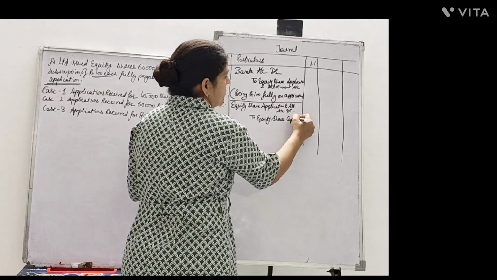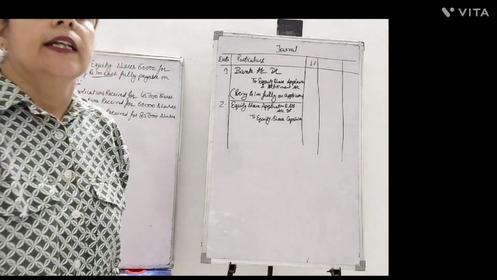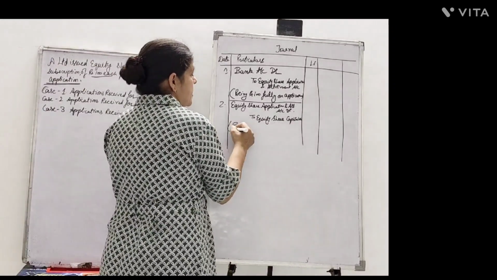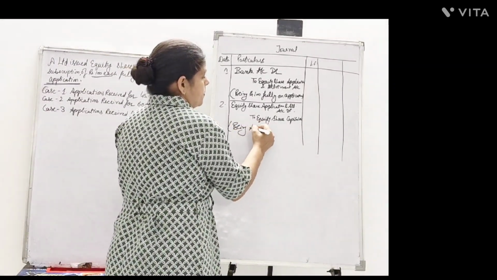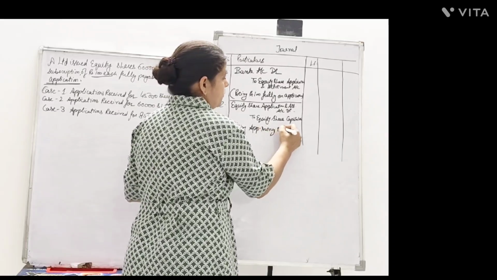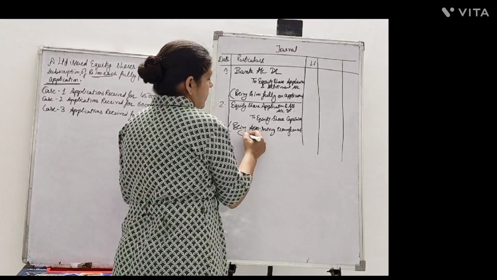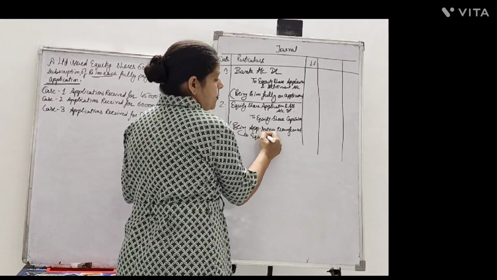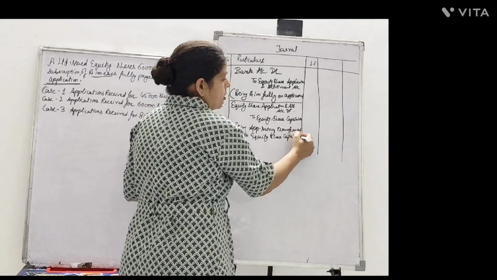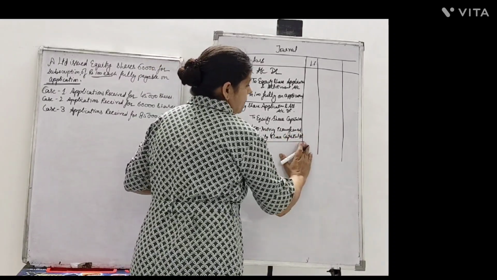So we write equity share application and allotment account debit to equity share capital. The narration is: being application money transferred to equity share capital account.